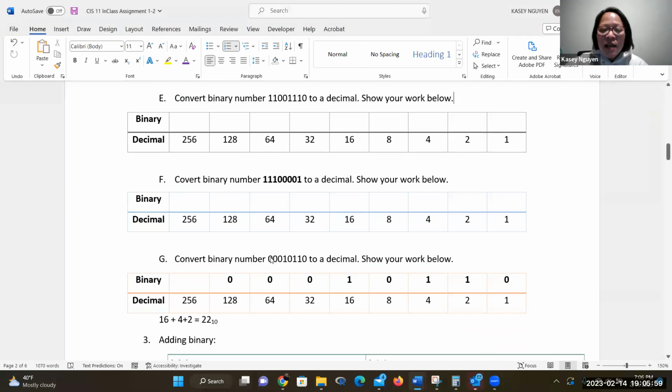I'm given this value in binary: 0, 0, 0, 1, 0, 1, 1, 0. I want to convert it into a decimal. Again, I'm using that scale that is a multiple of 2, starting from the right, 1, times 2, 2 times 2, and so on. Then I place my binary value on top, and I identify the bits that have the 1s, or the bits that are on.